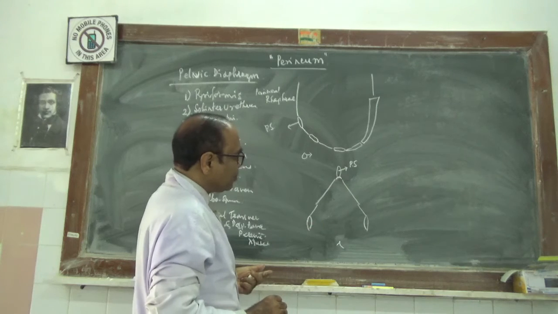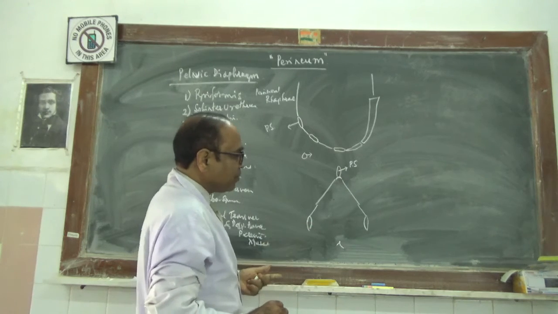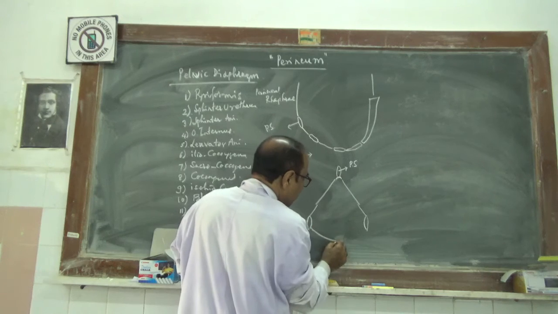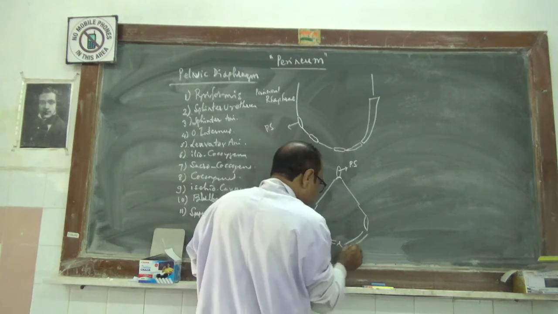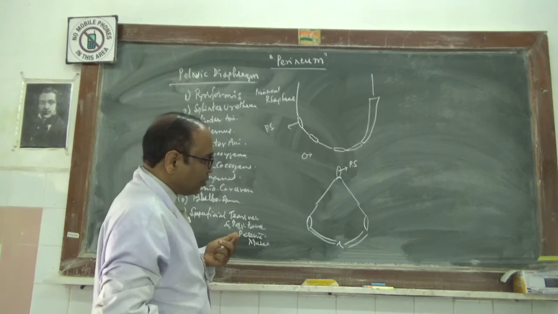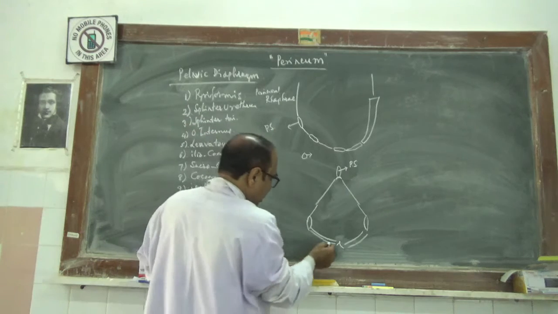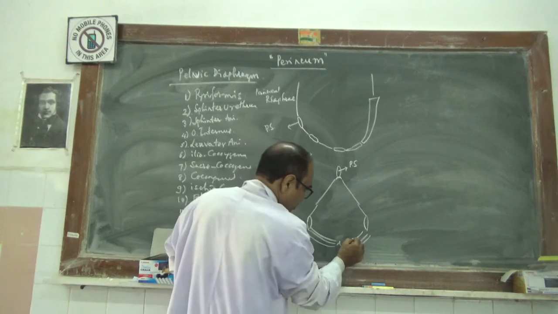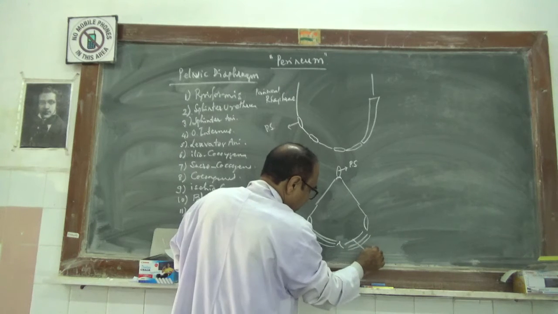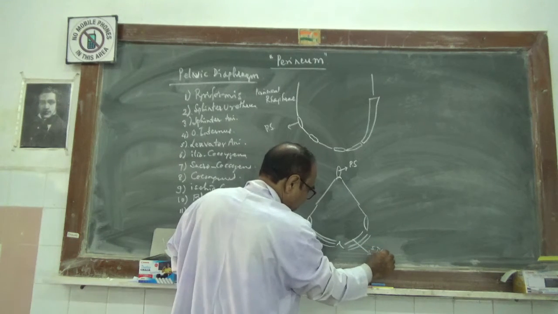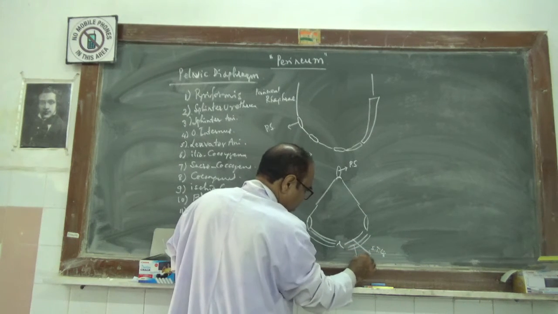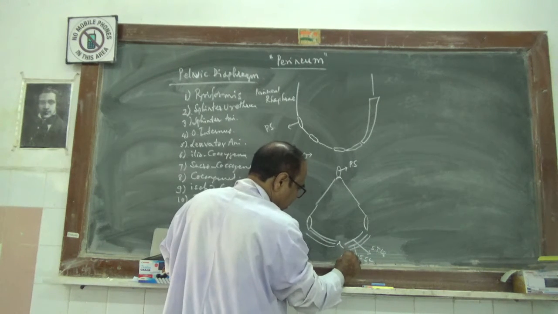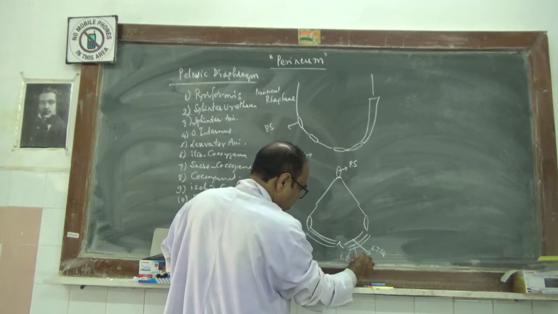Now this view is in the case of the male, and these two on either side are the sacrotuberous ligament and the sacrospinous ligament, and the lower border of the gluteus maximus. So this is the sacrotuberous ligament. This is the sacrospinous ligament. This is the lower border of the gluteus maximus.